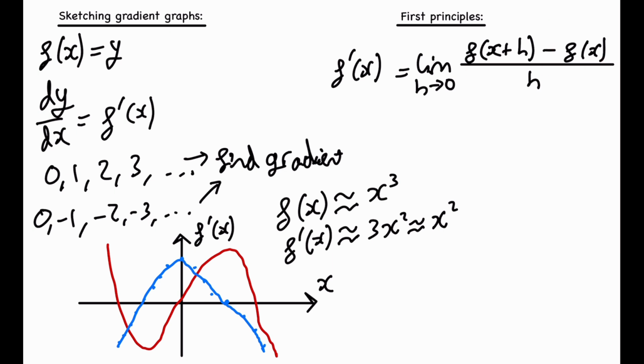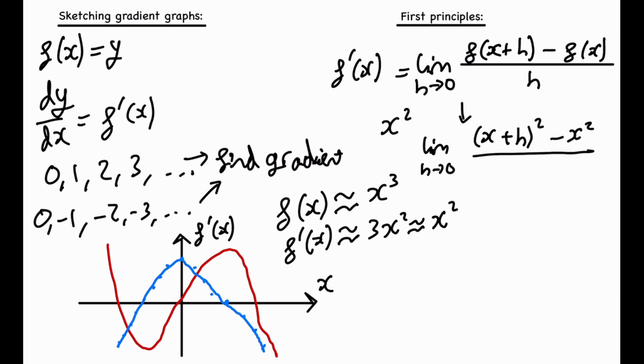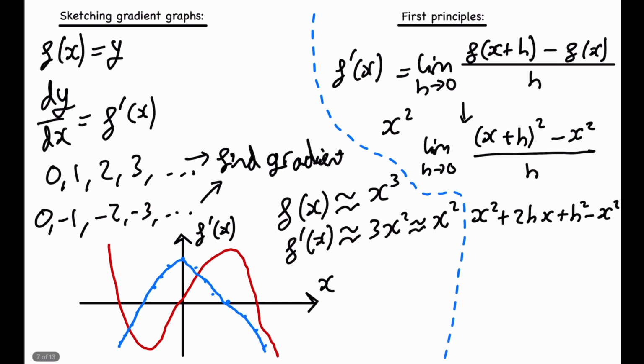We can try it for this example. So if we're trying to find the derivative of x squared, we can substitute into this formula and we would get the limit as h tends to 0 of x plus h all squared minus x squared, over h. And we can rearrange this. We can expand out the brackets over here, and we would get x squared plus 2hx plus h squared minus x squared all over h.